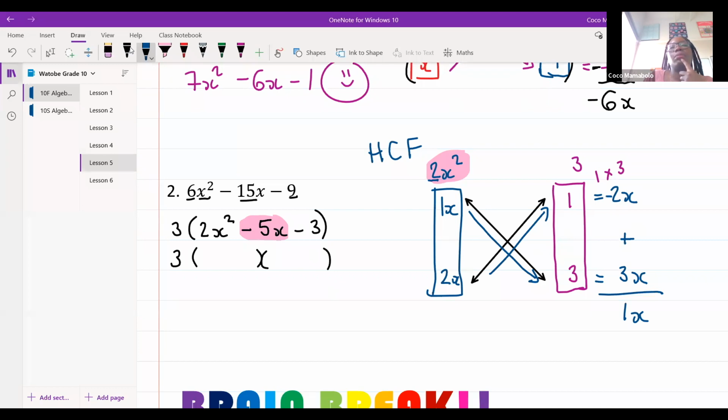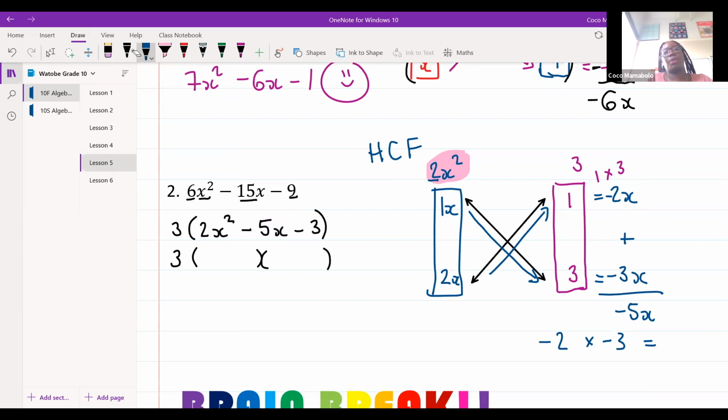That's not going to help me because I need negative 5x. What if I made both of them negative? Okay, good. If I make both of them negative, then I'm going to get negative 2 minus 3. That's going to give me negative 5x. Excellent, guys. Okay, except I'm going to run into another problem. Because if I go negative 2 times negative 3, what do I get, guys?